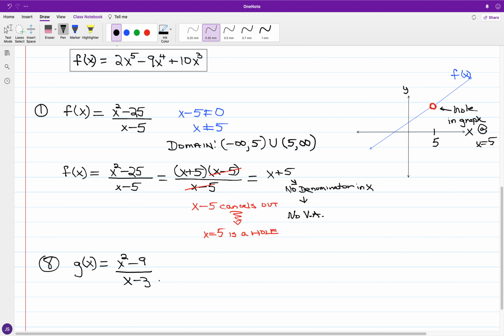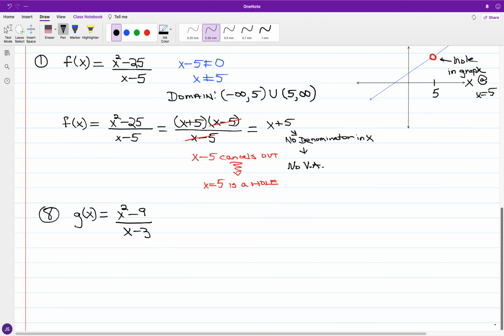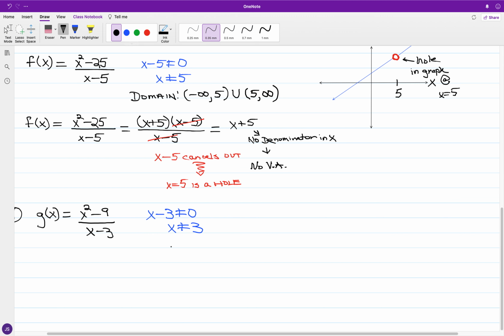If we're looking for the domain and any vertical asymptote, again we have x squared minus 9 over x minus 3. Again, the denominator cannot be 0, and so x cannot be equal to 3.